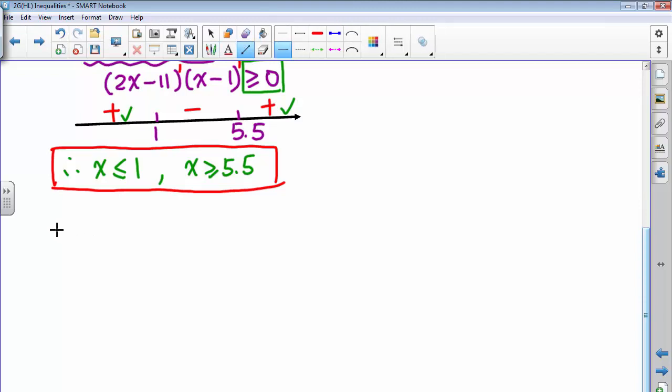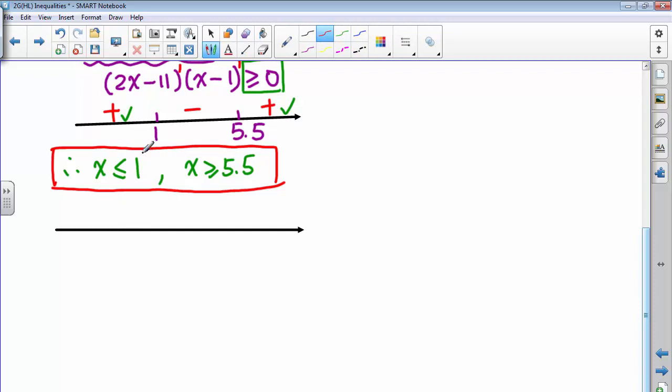How can I find the overlapping part for all those? What I will do is put down x is less than or equal to 1. Let's use the green color. x is greater than or equal to 5.5, green color still, because that's one solution. Then x is larger than 2. I use the blue color.